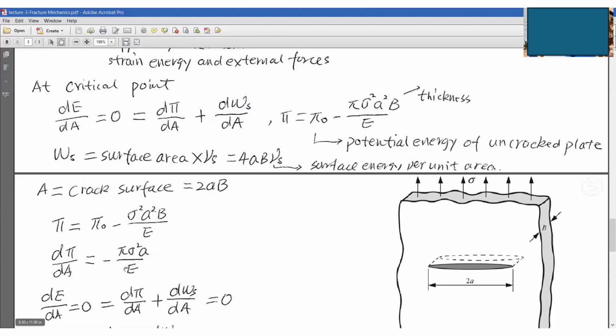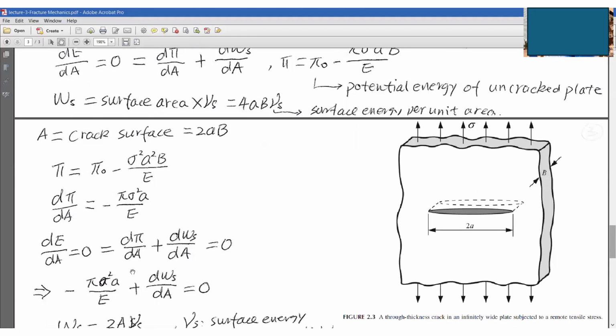So we have this equation. Then we let dE dA equal 0, and we have d pi dA plus dWs dA equals 0 also. With this d pi dA, we just copy it here, and so dWs dA equals 0.